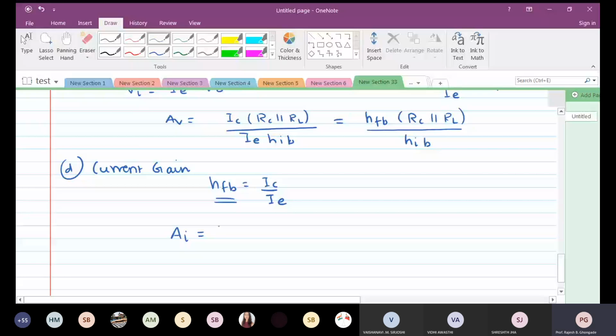Again, follow the same procedure just like what we did for common emitter, using the current divider equation on both the sides. Then you will get HFB into RE divided by RE plus ZE into RC plus RL.